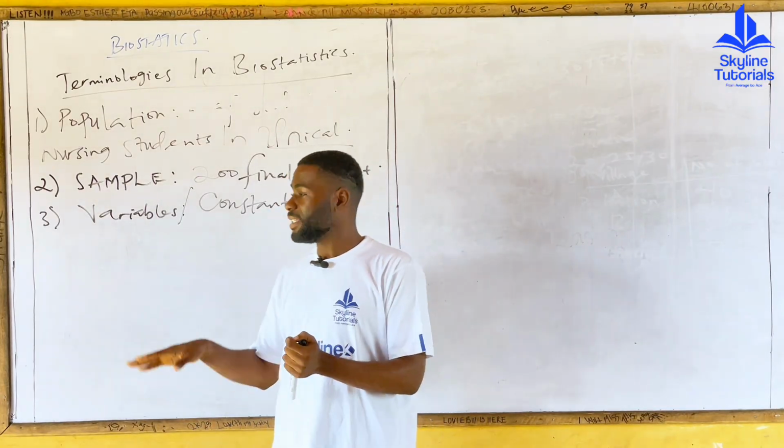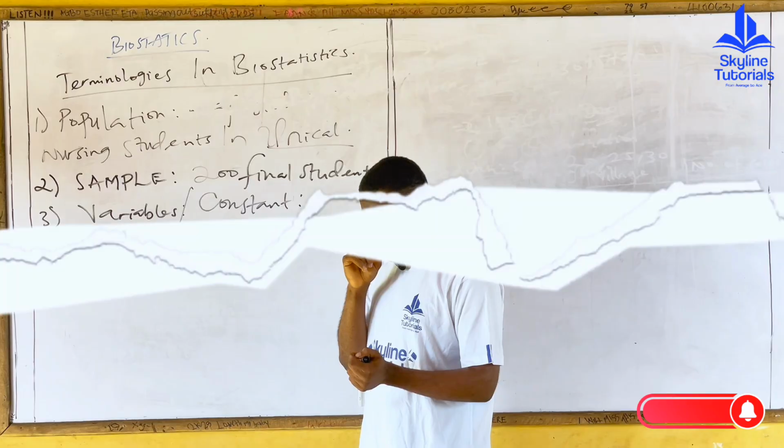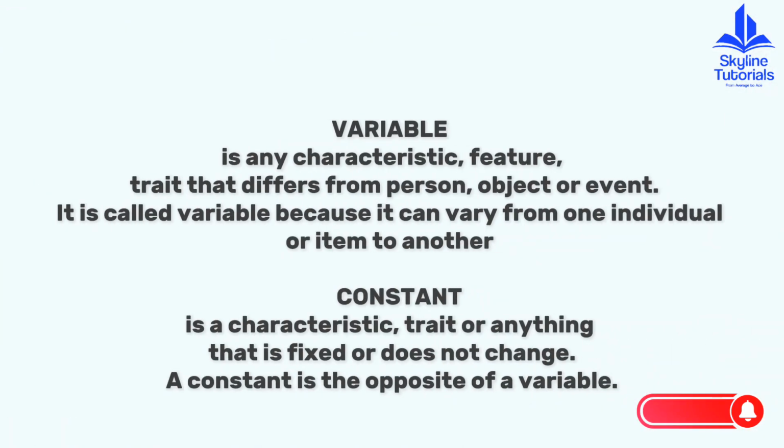We are going to define variables and we are going to define a constant. Variable, like I said, is a feature that differs from person to person, place to place, object to object, event to event. Anytime there's a discrepancy, dichotomy in what you're looking for in a particular research, it is called a variable.